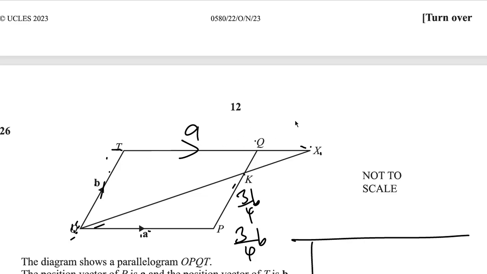For QX, you then have to employ the theory of similar shapes. You can see that the triangle KQX is similar to the triangle OKP, right? Because this is a parallel line and this is also parallel, because it acts along the a line.